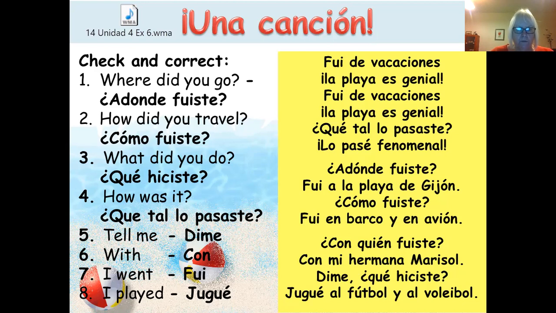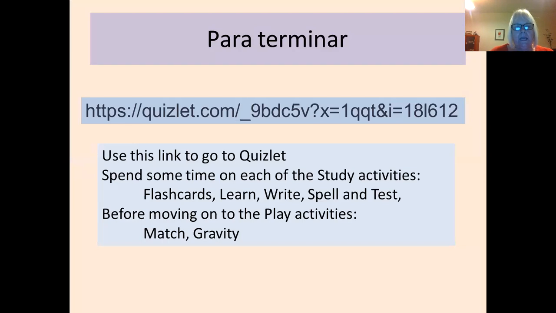So for the last activity for this lesson and for this week, please, can you use this link to go to Quizlet? That will be put up in your Google Classroom as well, so you don't have to copy it from here. But it's a Quizlet all about ¿Qué tal lo pasaste? So go to the Quizlet, spend some time though on each of the study activities first.